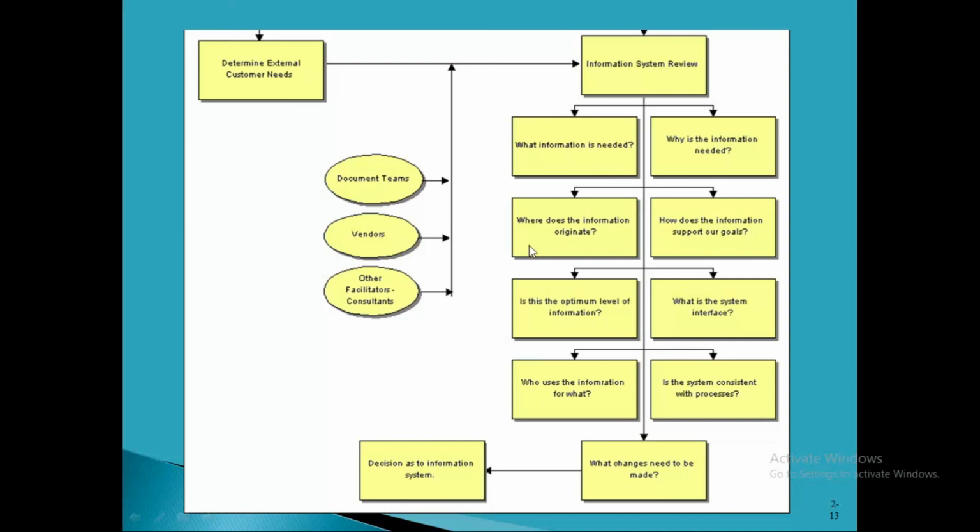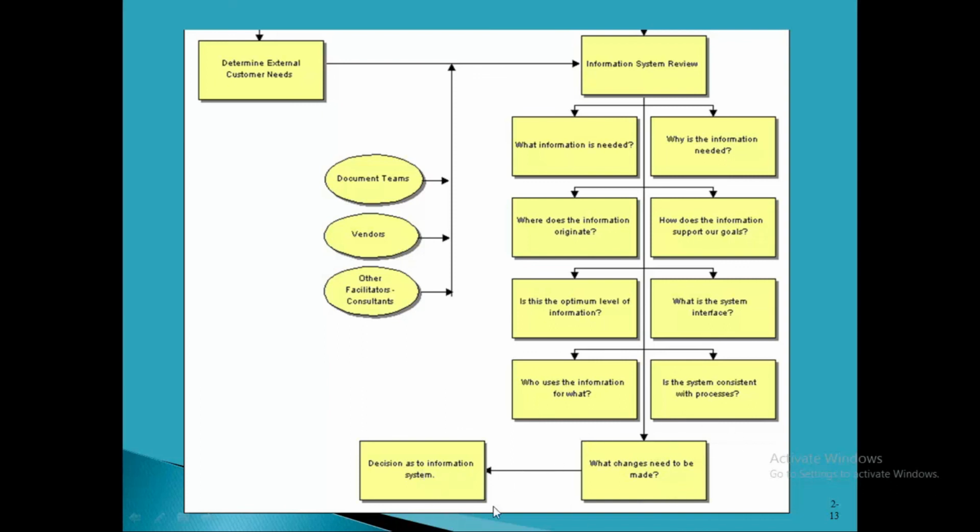Is this the optimum level of information? Who uses the information for what? Is the system consistent with processes? Is the system consistently able to work with the multiple processes or not? It is checked here. And what changes need to be made is documented here in the end.